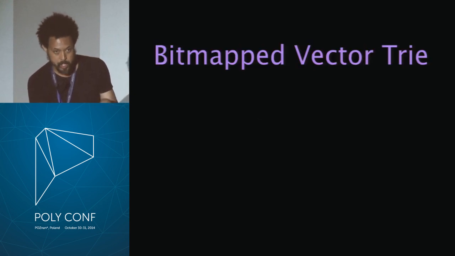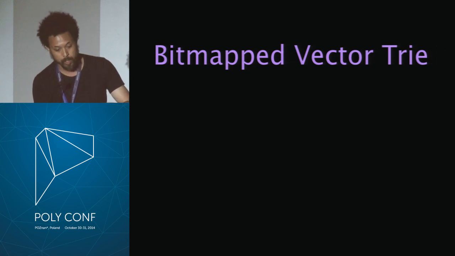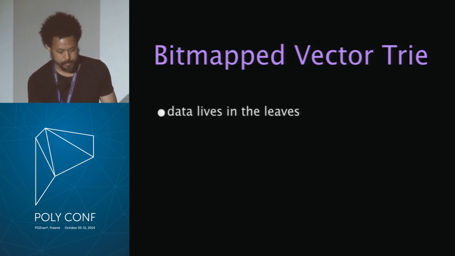It was actually Rich Hickey who took Phil's research that showed this kind of data structure could perform well. Rich modified a couple of things and made them the centerpiece of Clojure. And one of these persistent data structures based off Phil's work is called the bitmapped vector trie. It's one of the easiest to explain. And you will see very quickly how you get all these interesting properties based on their design.